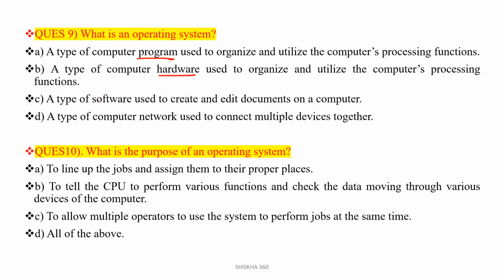Third one, a type of software used to create and edit documents on a computer. Or option number D, a type of computer network used to connect multiple devices together. Clear? So what is an operating system?